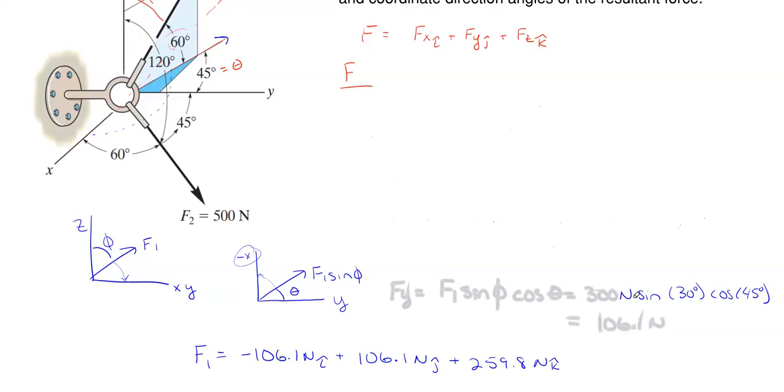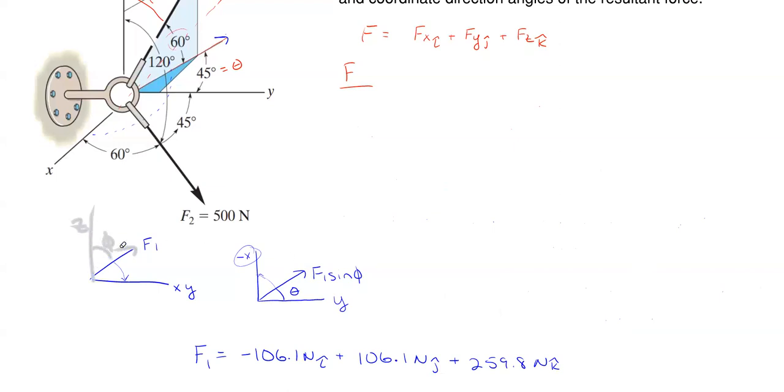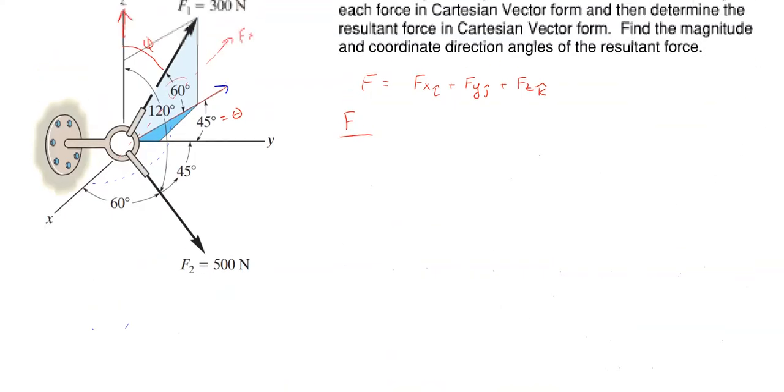So looking at F2, F2 is going to be different than F1 because it's actually much easier, because I have 3 angles showing where my F2 is located. I have an angle from each axis here, so it makes it much, much easier to utilize.